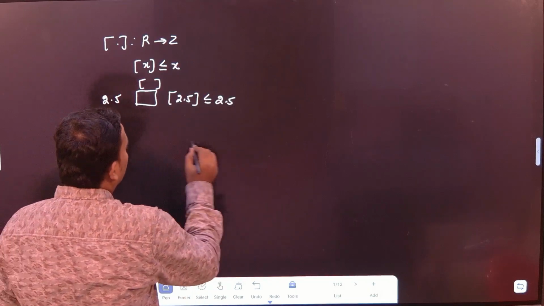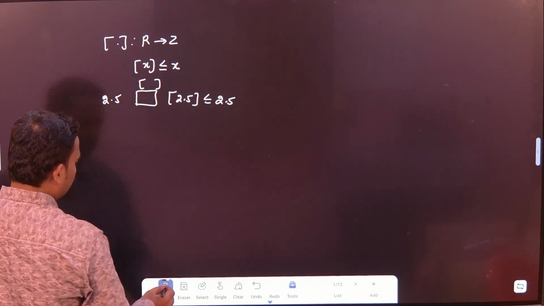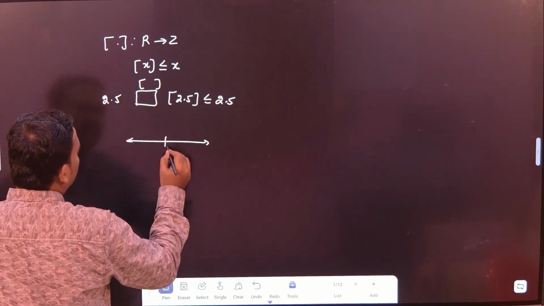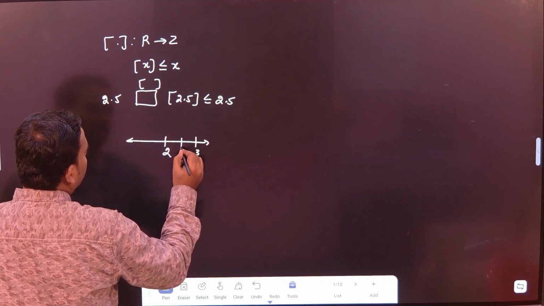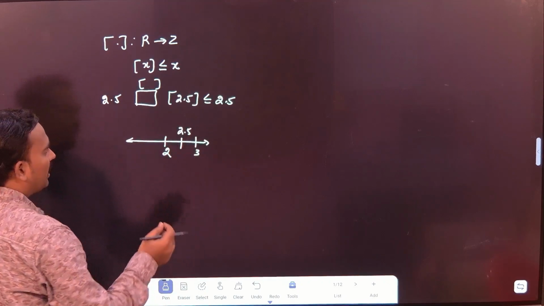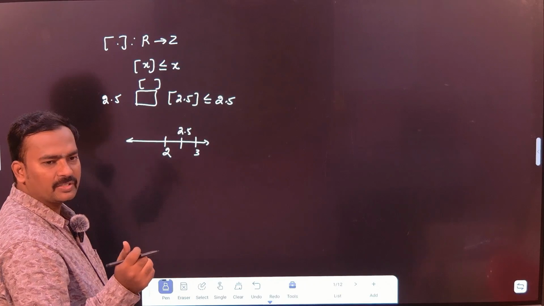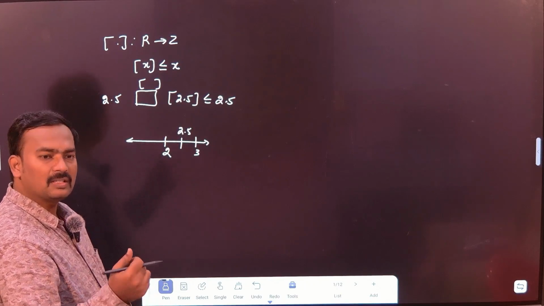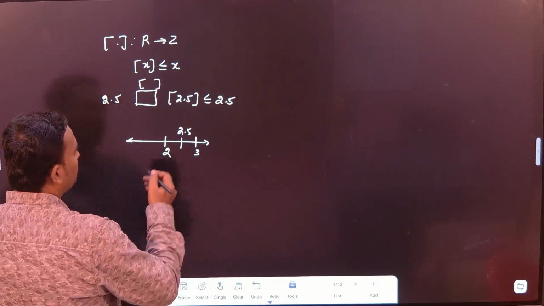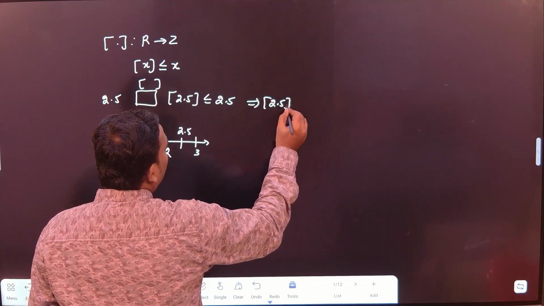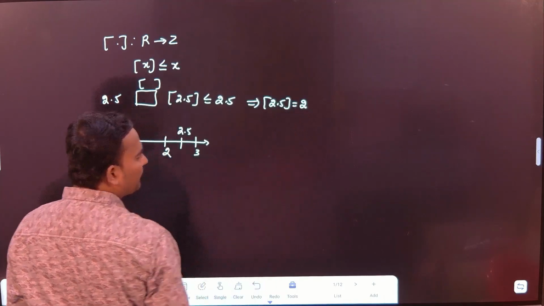On the number line, this is 2, this is 3, this is 2.5. Which is the greatest integer less than or equal to 2.5? That is 2, right? Therefore, the greatest integer function of 2.5 will be 2.